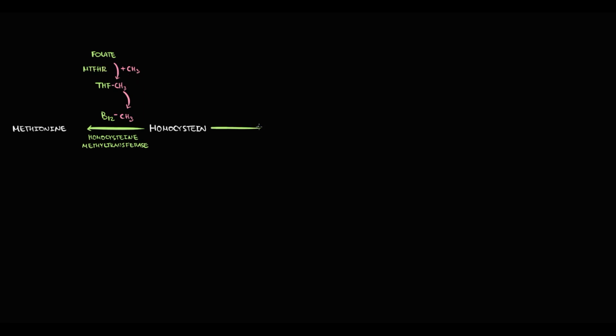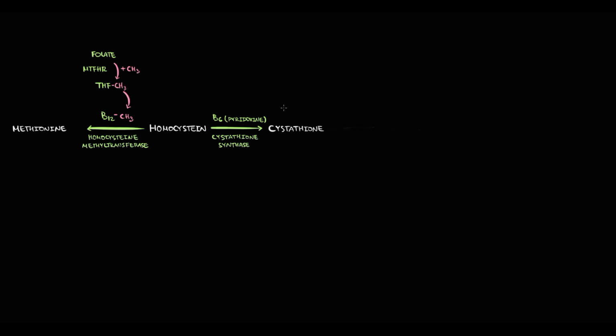The second pathway is to convert homocysteine into cystathionine. This reaction is catalyzed by the crucial enzyme cystathionine synthase. And we have to know that the cofactor of cystathionine synthase is vitamin B6, so-called pyridoxine.